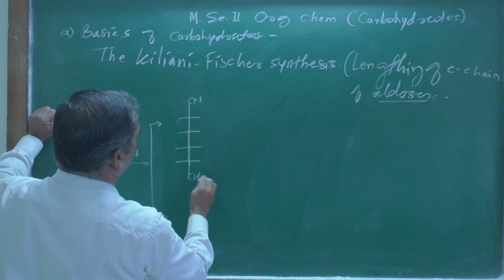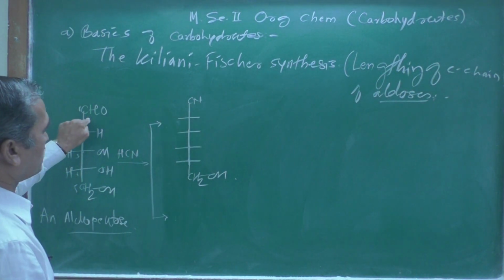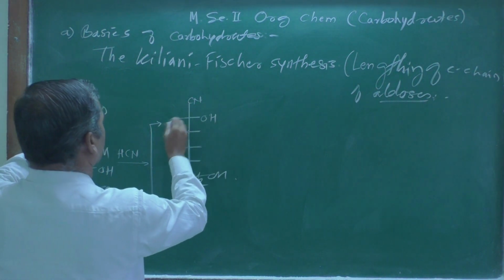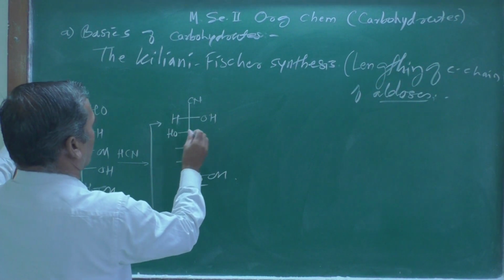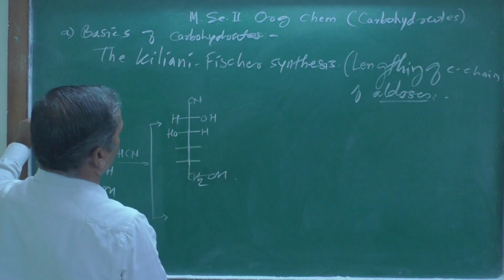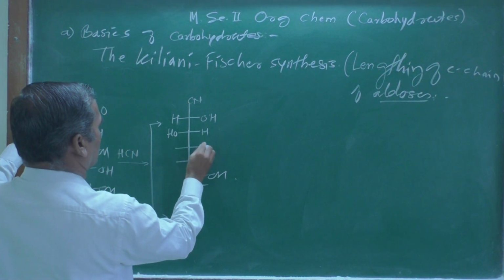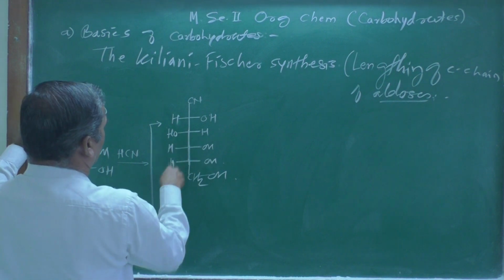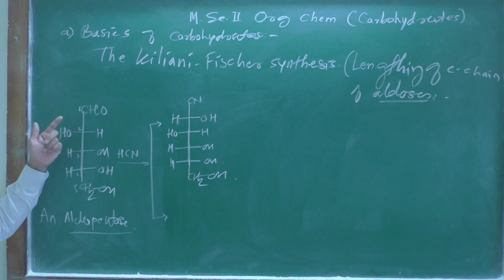Then we are getting CH2OH. Here, when we are treating with hydrogen cyanide, OH is coming on the right hand side, here H. Another thing you have to keep as it is: OH, then H, then here OH and H. Look here, in the starting compound we have 1, 2, 3, 4, 5 carbon atoms.